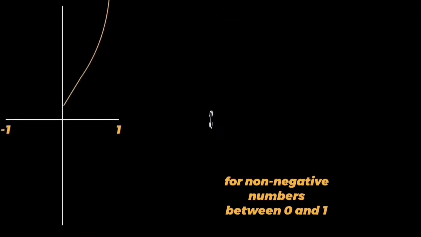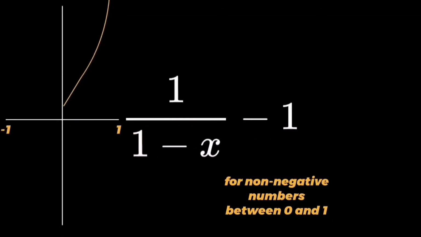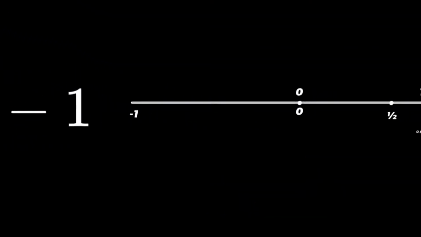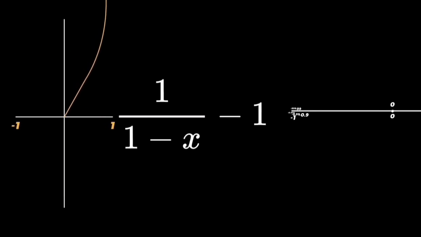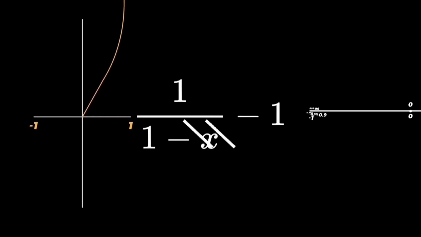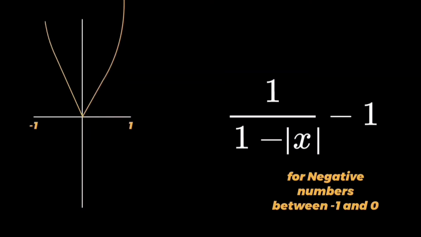I want that function to go to infinity as x value goes to 1. That's why I put 1 by 1 minus x. Another -1 is to send 0 to 0, so that we can mirror that function for negative values too. I put an absolute value for x to get the same value for negative numbers. But this will also go to infinity as x tends to -1.